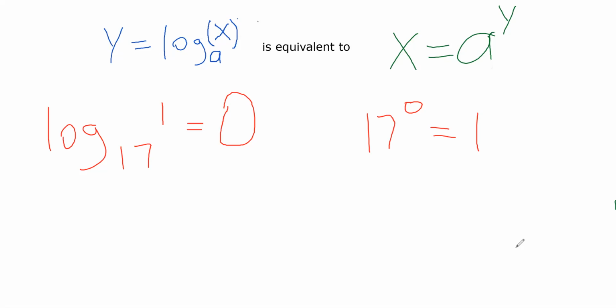Finally, one more. The log base 3 of the fraction 1 over 81. You look at that and you're like, well, I know that 3 to the 4th power is 81. So is there a connection there? Yes. In order to turn it into a fraction and put the 81 on the bottom, the exponent would have to be -4.